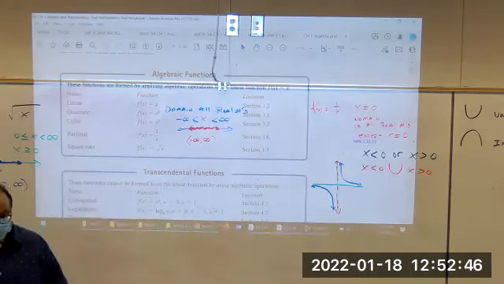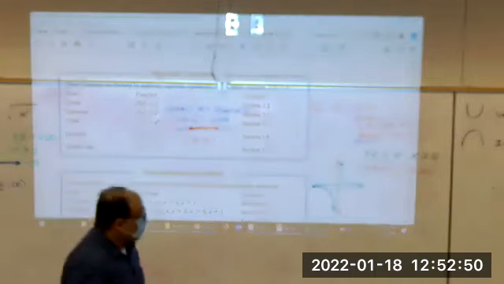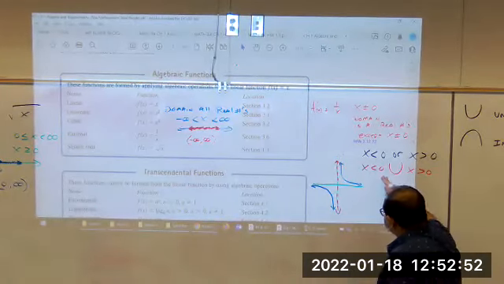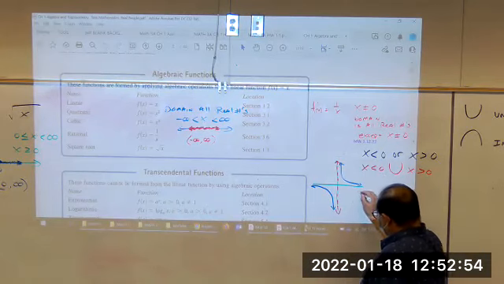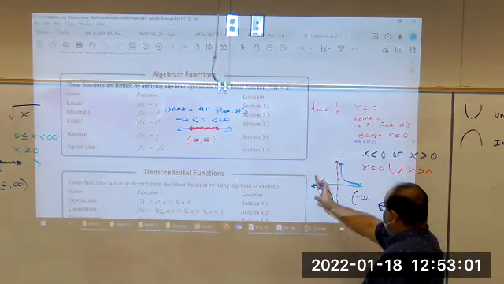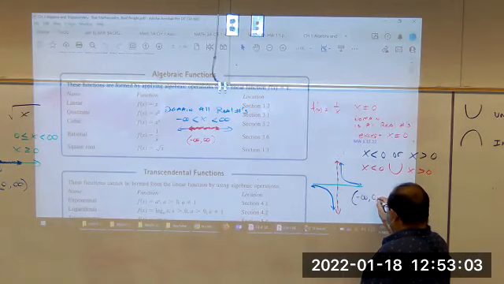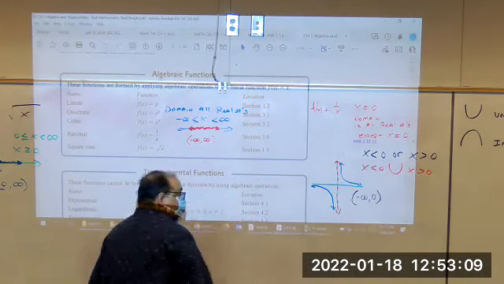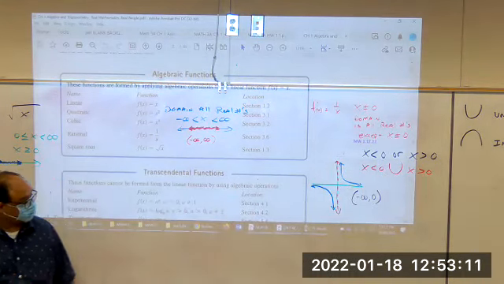Okay, so how do we do interval notation? Well, less than 0 is everything, parentheses, because it's coming from left to right, from negative infinity, and it's going to stop at 0, but because it does not equal 0, it's a parentheses, because you can't equal 0.